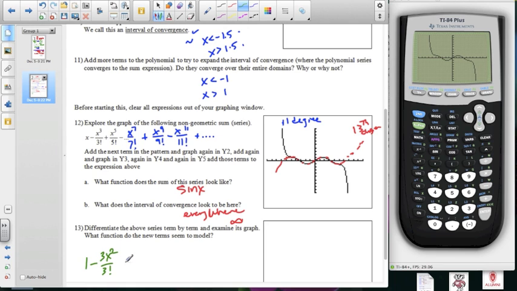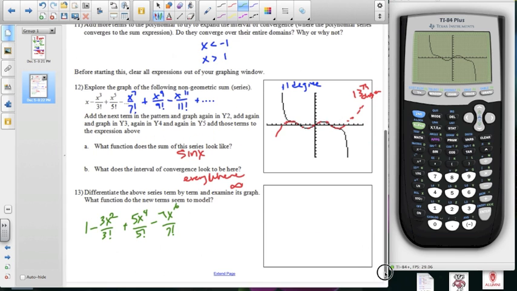And then differentiating this would be 5x to the 4th over 5 factorial minus 7x to the 6th over 7 factorial. And so as we reduce that, let's just go one more, plus 9x to the 8th over 9 factorial.